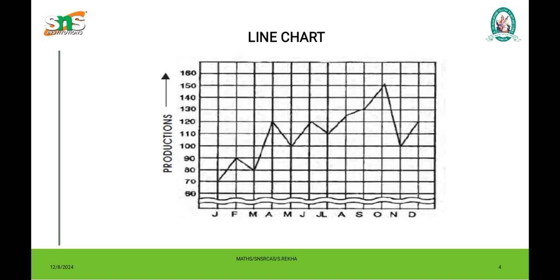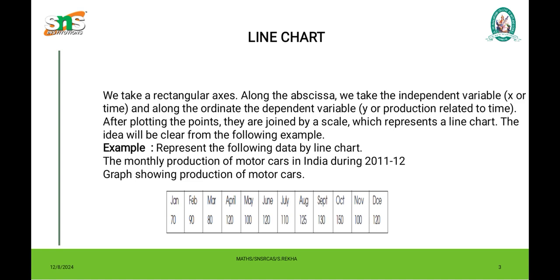In the line chart, on the x-axis you write Jan, Feb, March, like that. Whereas on the y-axis, according to the values, you write the scale 10, 20, like that, or else you can start from 60, 70, 80, 90. So in January, what is the number of production?